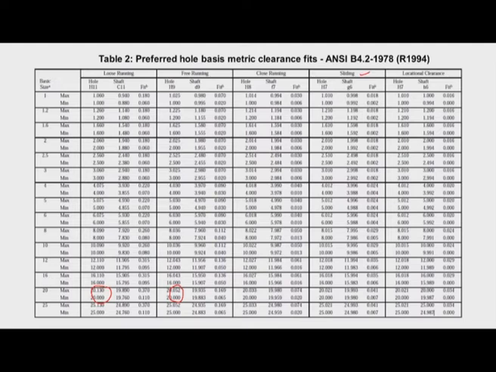And then if you go to H8 hole, we can see the tolerance becomes 33 micrometers, and for H7 hole with the same basic size of 20 millimeter, we have the tolerance of 21 microns. So as the IT grade number reduces, the tolerance becomes tight.